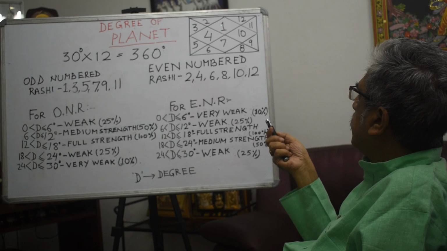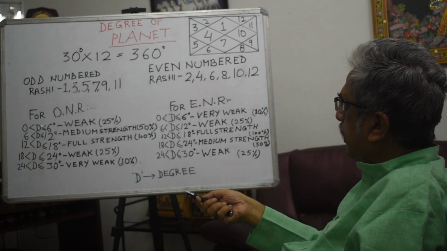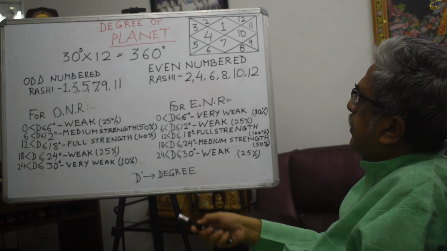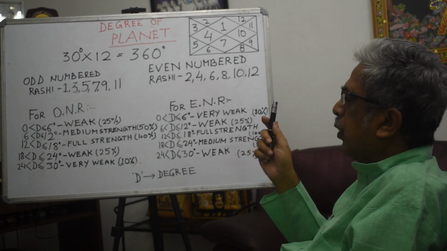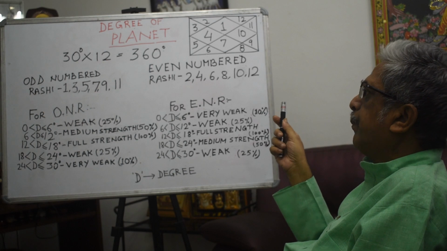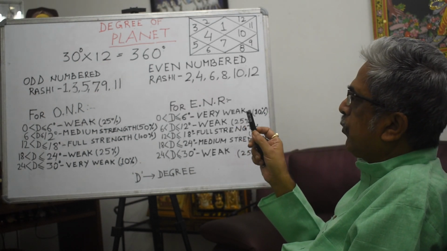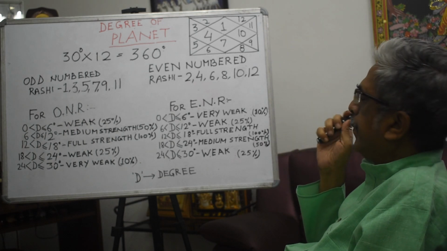Friends, if the Sun is in Aries Rashi at 3 degrees, it is 25%, at 26 degrees, 10%. So it is not only important where the planet is placed, in which Rashi, it is also important with how much degree it is placed.